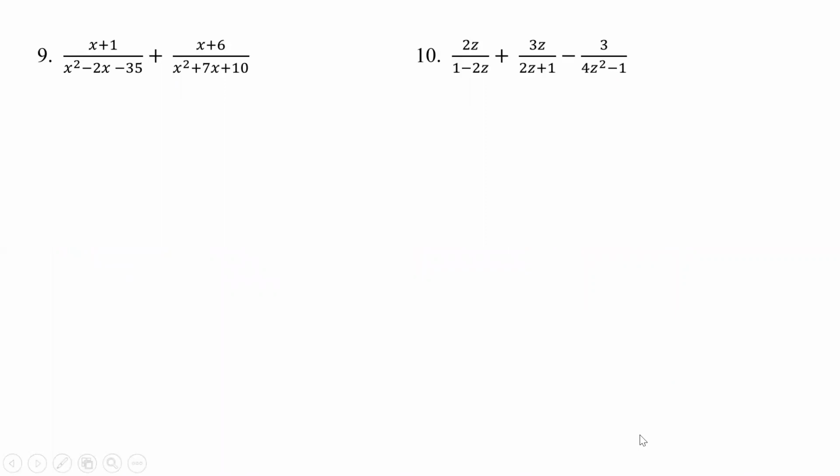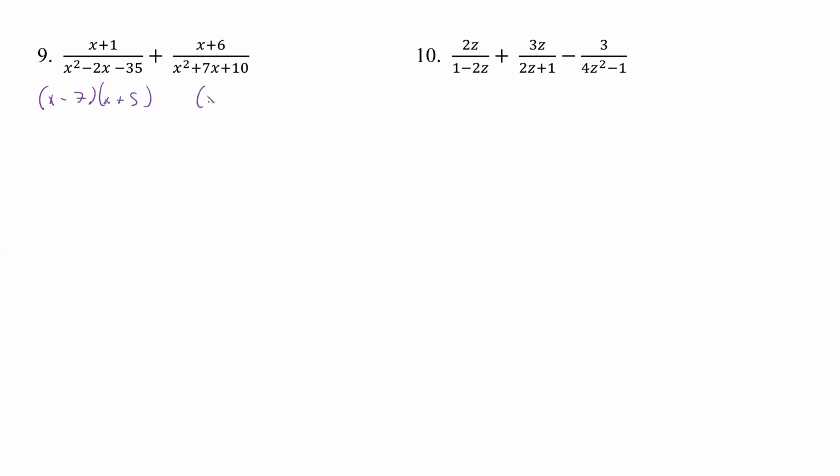All right, couple more here. What about this one? Well, that's going to be x, and so two factors, 5 and 7 are 35, and so we'll have to have x minus 7, x plus 5.